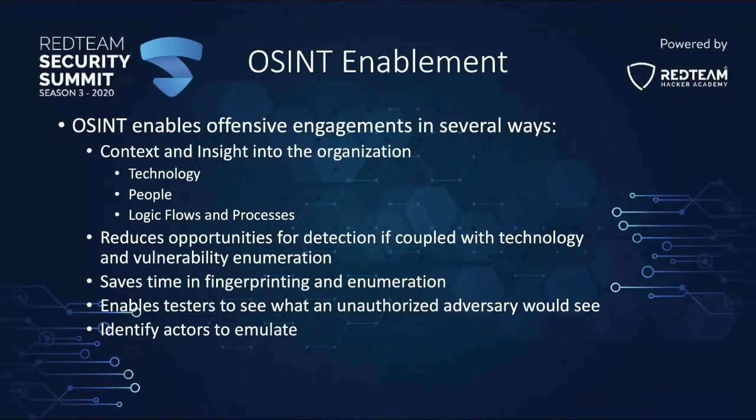Which is one reason why I like red teaming more so than pen testing, because it's more objective based. But at the same time, it allows you to see what a malicious actor would see so that you can tell that client, hey, this is what's out there. And in some cases, it actually could give you insight as to which actor or actors to emulate to help the organization understand what they may be subjected to.